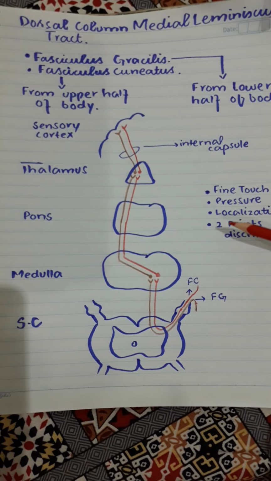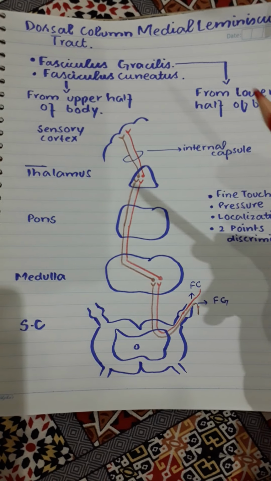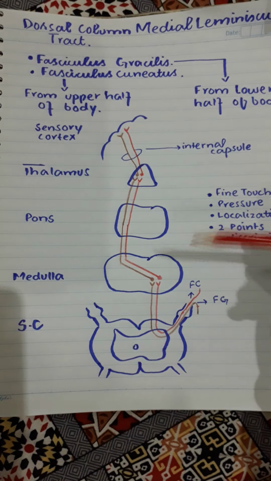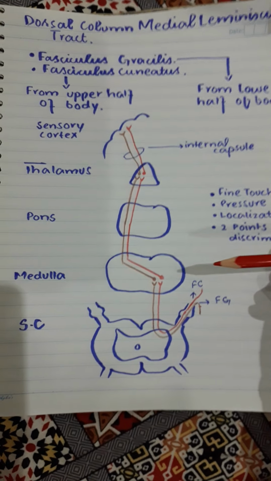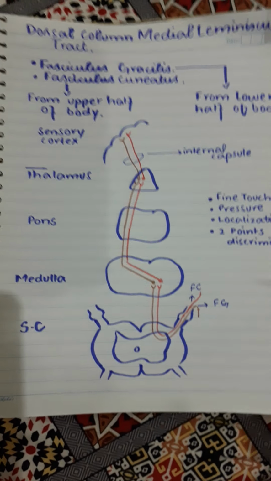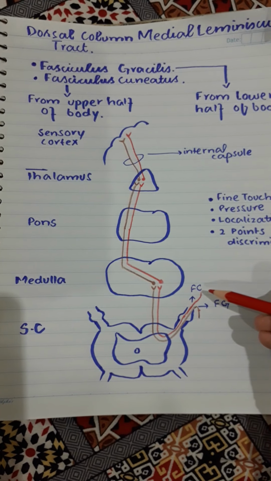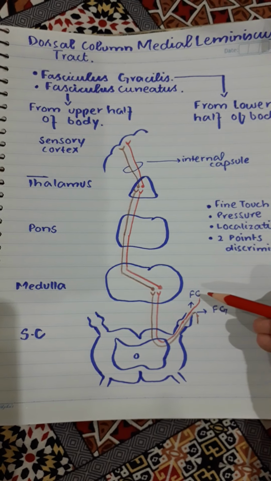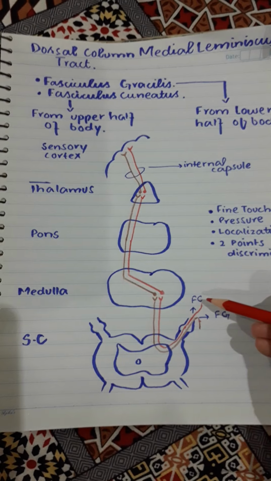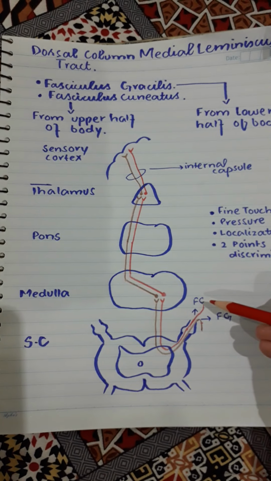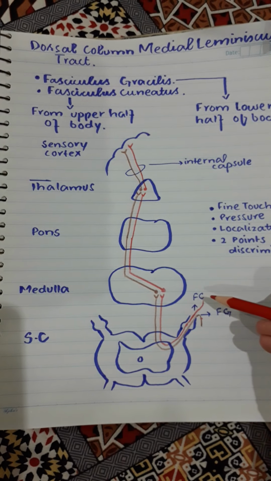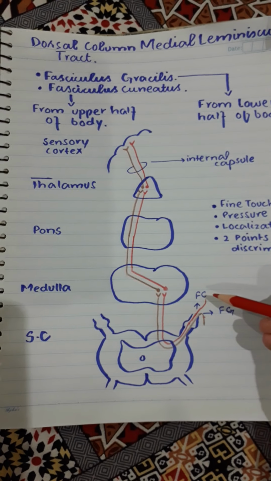So these are the sensations carried by the dorsal column medial lemniscus tract, by the fasciculus gracilis and the fasciculus cuneatus. The fasciculus cuneatus receives sensations from the upper half of the body.